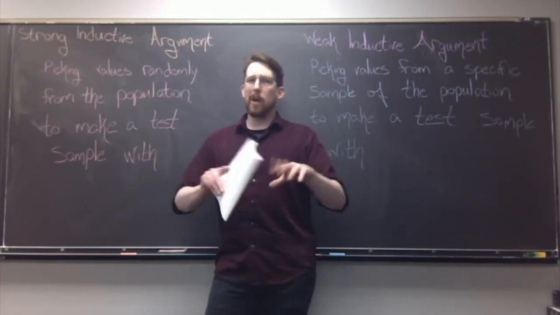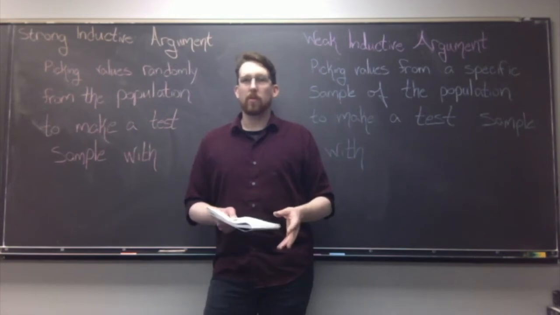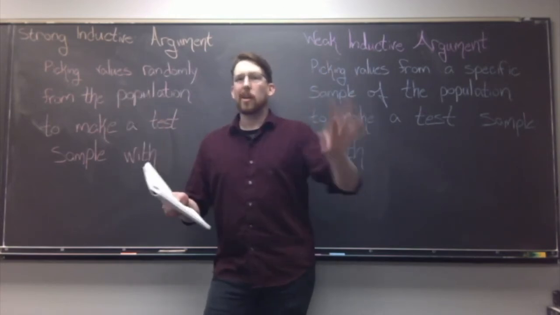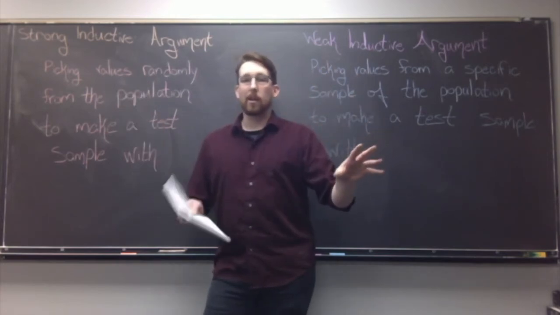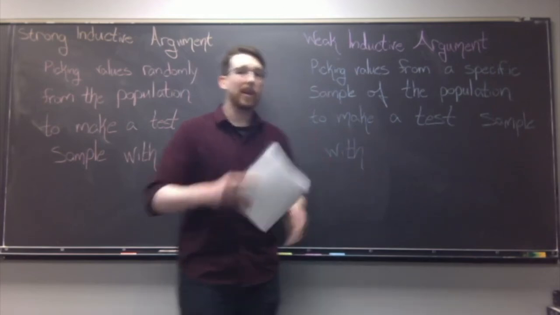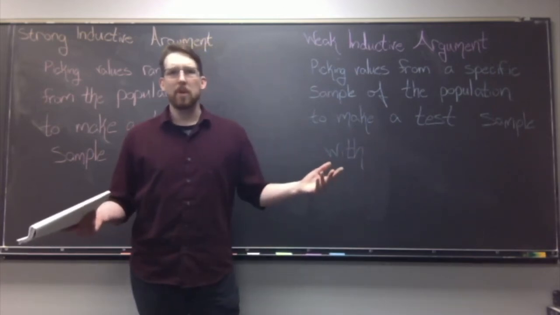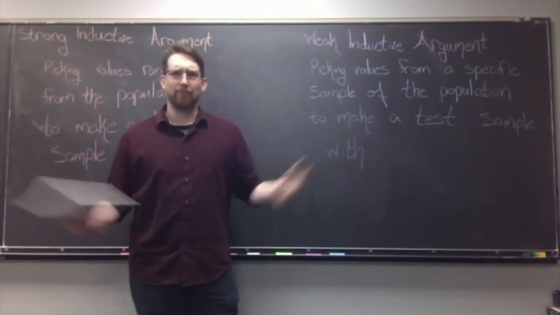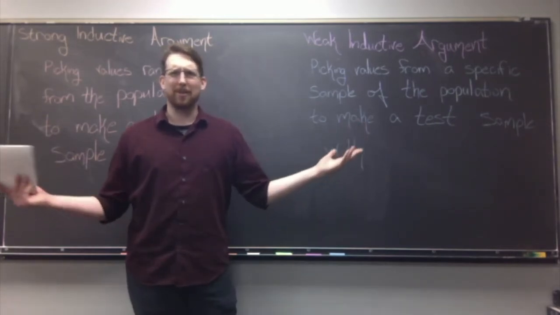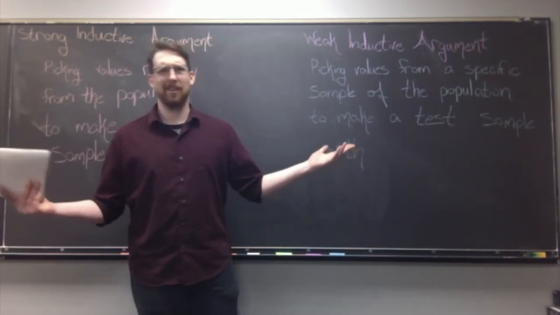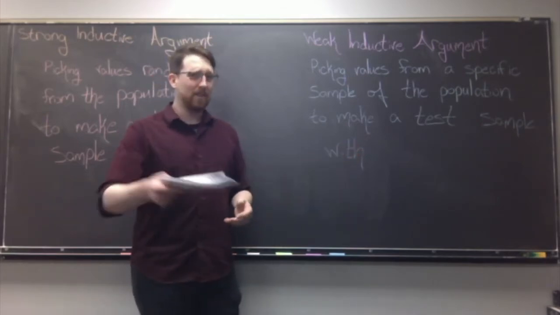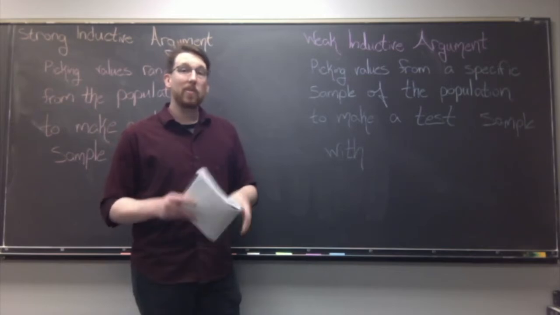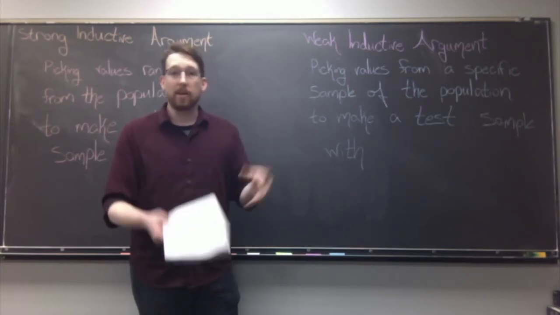Using that same example, pretty clear if I randomly pick all the numbers from all across the US, it should be a strong inductive case. But if I say, let's only choose phone numbers that are from Montana, or Oregon, or Oklahoma, because Oklahoma, right? If we choose those numbers, then we don't have a strong inductive argument.